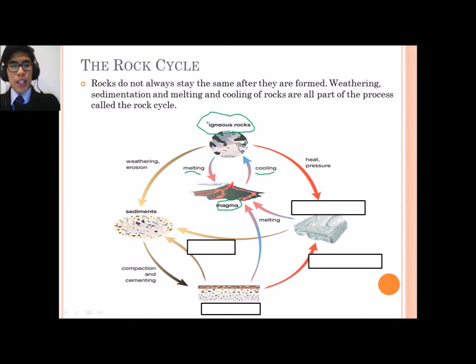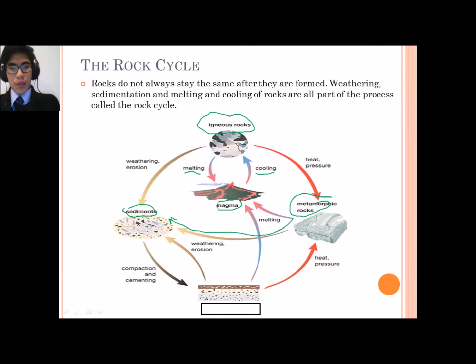Now, if igneous rocks weather or erode, they become sediments. And if metamorphic rocks start to weather or erode, they become sediments. Now, if sediments undergo compaction and cementing with natural cements, you get sedimentary rocks.